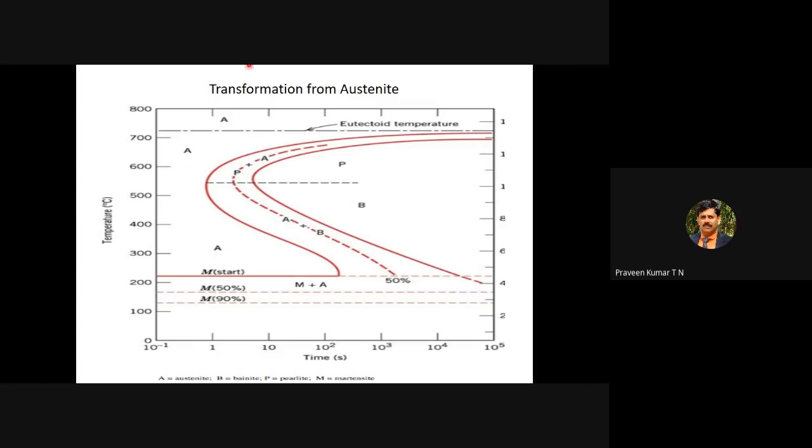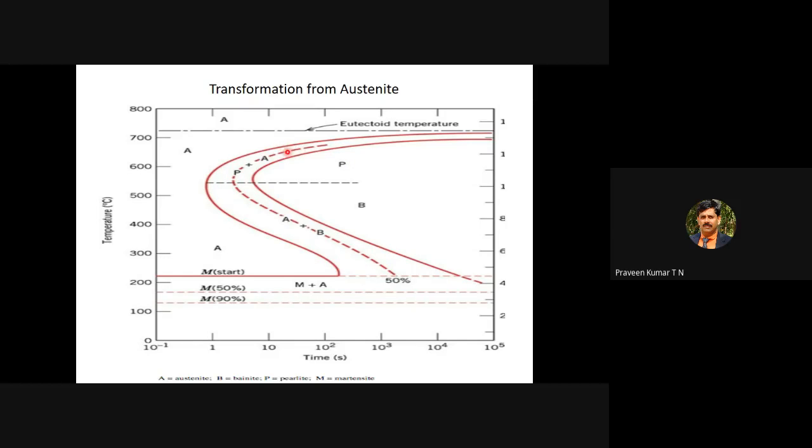So now I am talking about the start of transformation and end of transformation. This leftmost red line refers to the start of transformation from austenite to pearlite or austenite to bainite. And there is a dotted line here. Here there is pearlite as well as austenite. On the left side only austenite, here only pearlite.